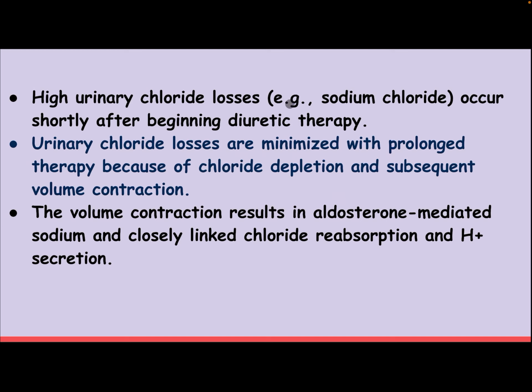High urinary chloride losses, sodium chloride, occur shortly after beginning diuretic therapy. Urinary chloride losses are minimized with the prolonged therapy because of chloride depletion and subsequent volume contraction. The volume contraction results in aldosterone-mediated sodium and closely linked chloride reabsorption and hydrogen ion secretion.